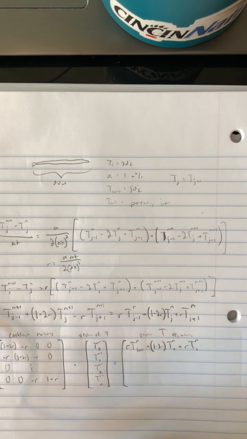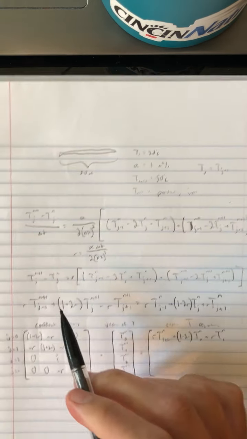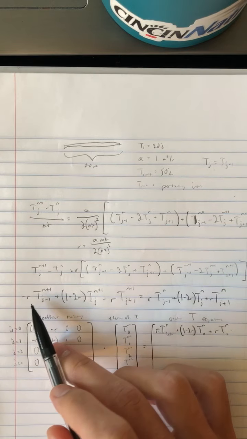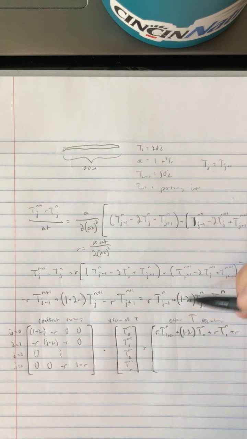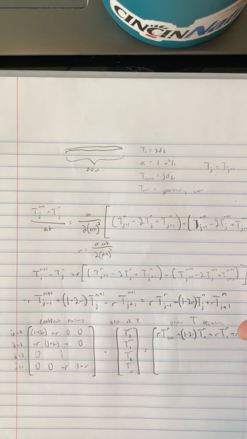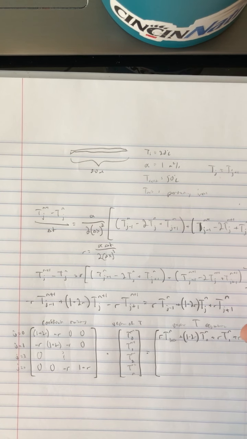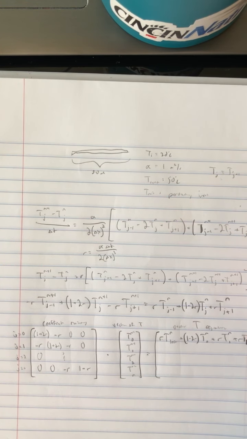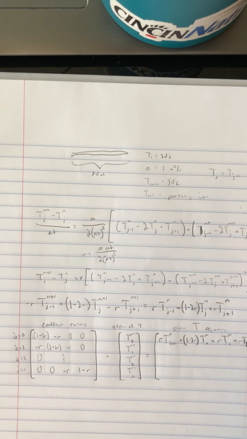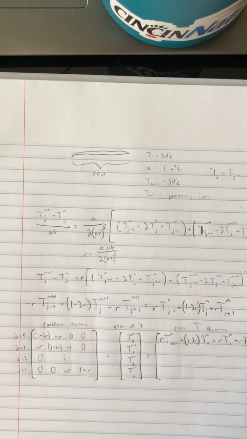And then we know this value right here, so we'll add it to the other side. That'll be plus t at j minus 1, so it'll be the left side, n. And then that's our first equation.